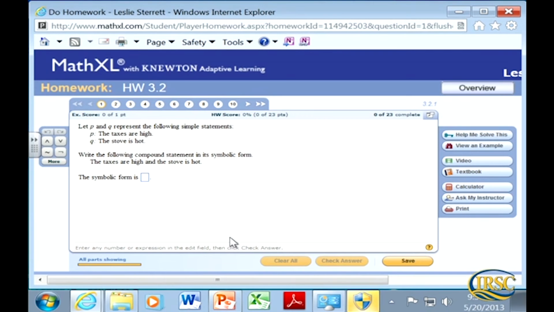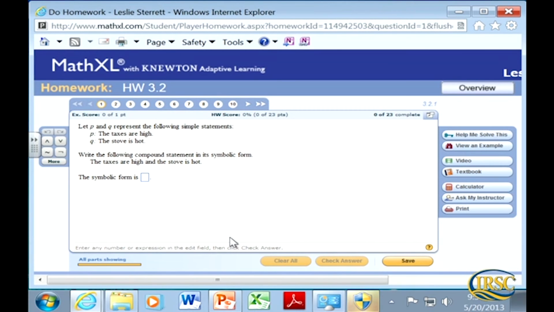We have statements for P and Q. The taxes are high, the stove is hot. And then it gives you a statement in words: the taxes are high and the stove is hot. And it wants you to translate it into symbolic form. Now, I started out with an easy one here, but I want to get you in the habit, before you do any translating, of identifying any of these connectors or keywords that are in the statement.